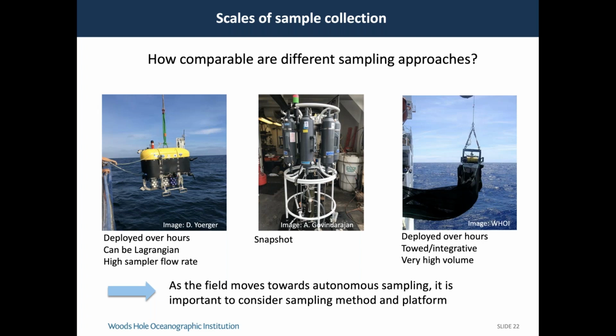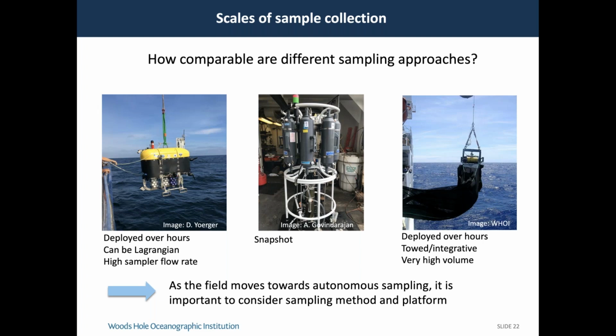The Niskin bottles essentially take just a snapshot. Whereas other types of sampling, like net tows, or if the instrument sampler is towed, would be integrative over a longer period of time and space.